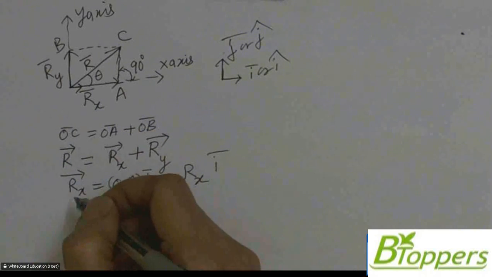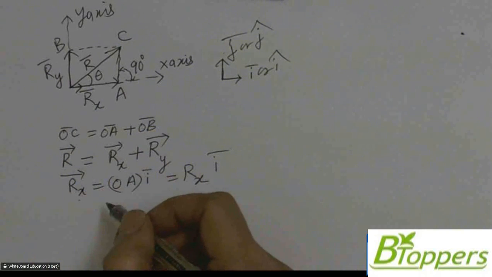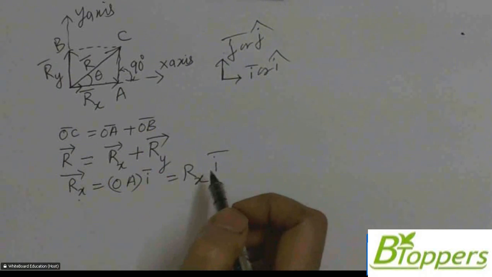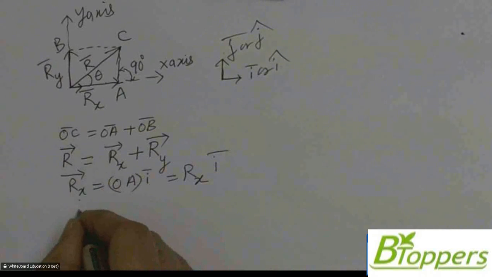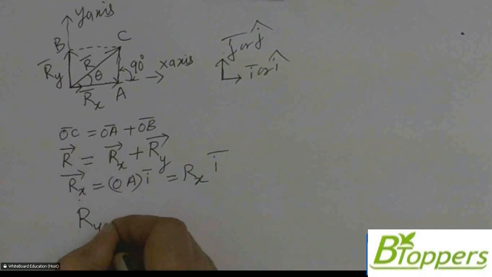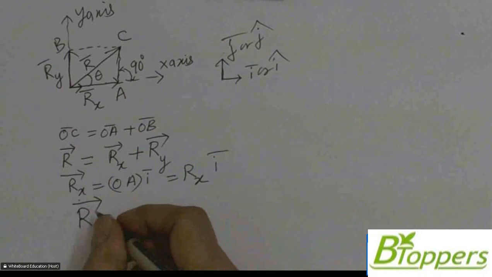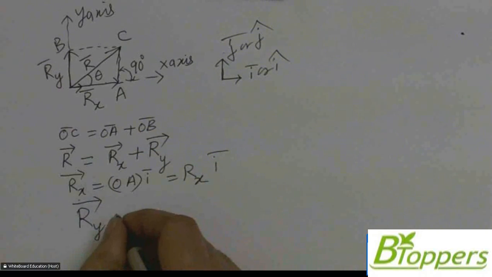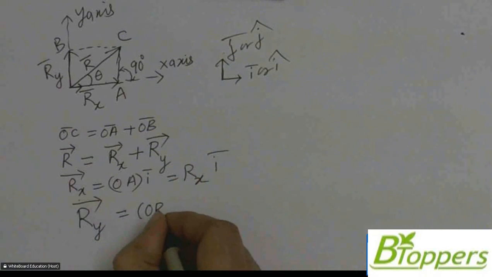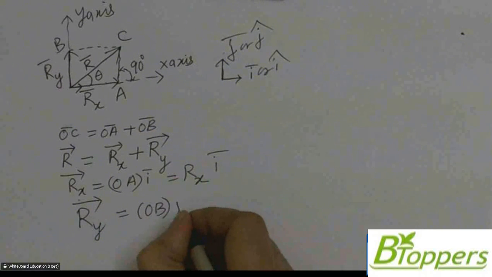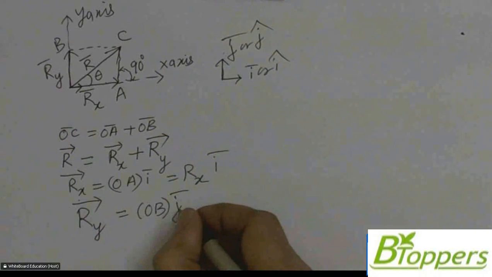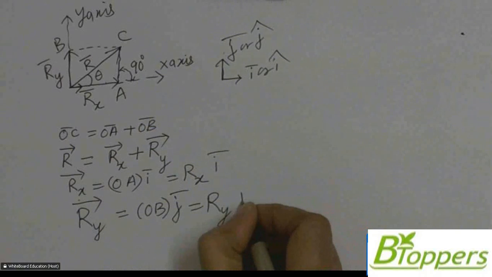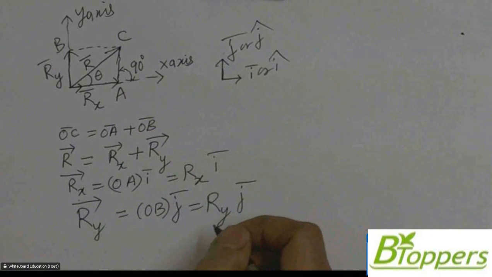So the component vector Rx bar can be written as the product of its magnitude and the unit vector in the same direction. Similarly, the component vector Ry bar, which acts parallel to the y direction, can be written as the length of the line OB into J bar. That is written as Ry into J bar.